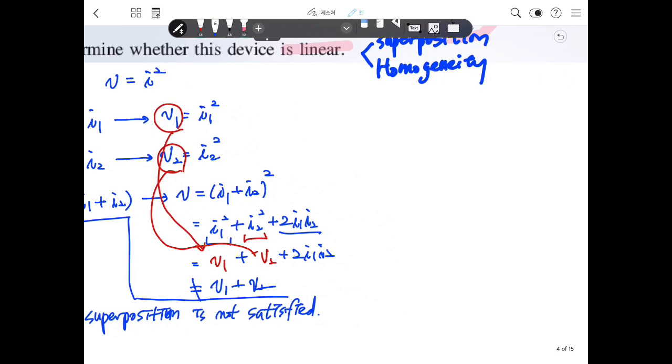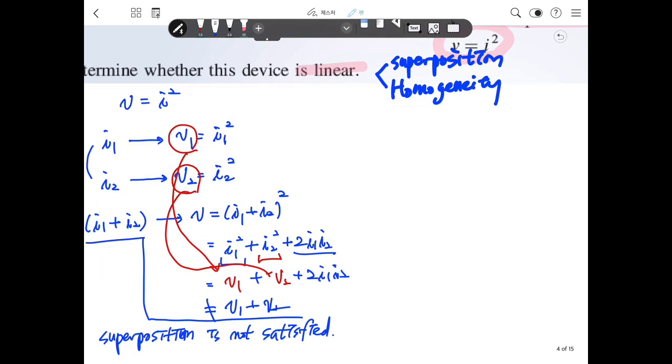Then next we can check the homogeneity. In the same way, we add some I1 here. Then V1 will be I1 squared. And we insert a different input, but it is I1 multiplied by a constant, K I1. Then the result will be K I1 squared, that will be K squared I1 squared.